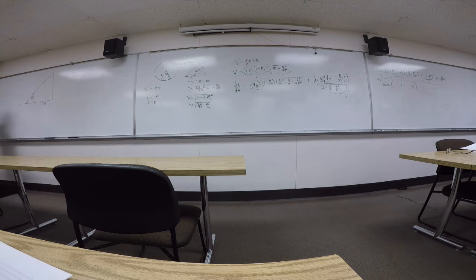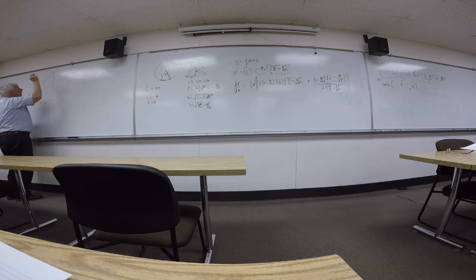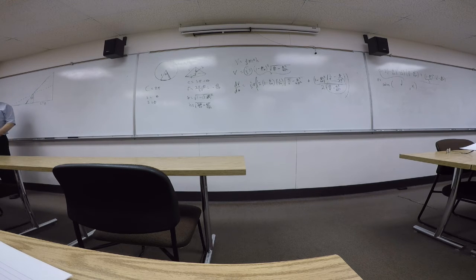Now, if I started the beam further out here, then you see that it would be longer. Or if I started the beam closer in, again, it would be longer.